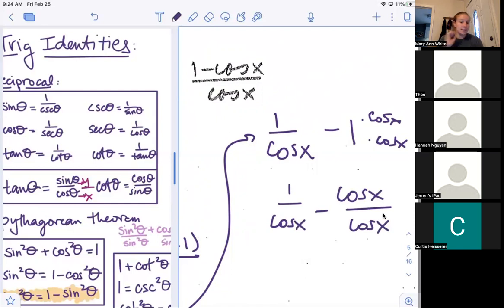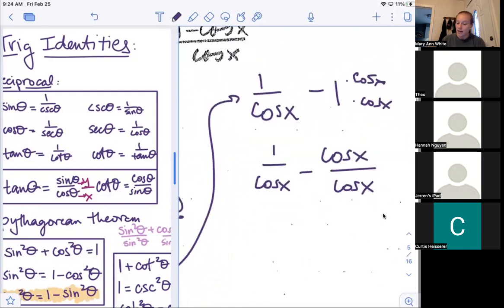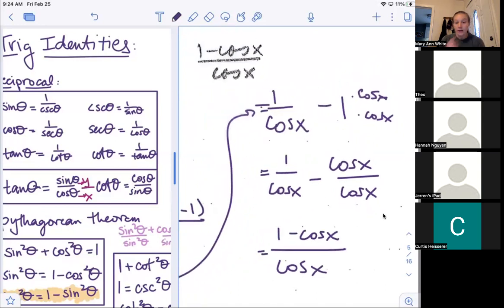And you actually can skip that step if you understand that when you multiply by cosine, we get like denominators, and you can go directly to 1 minus cosine all over cosine. And that is what I want my answer to be. We made it.